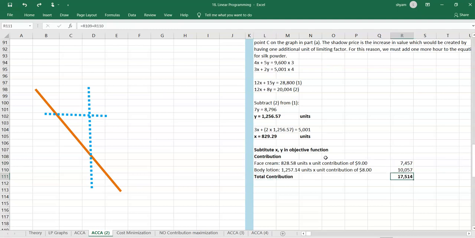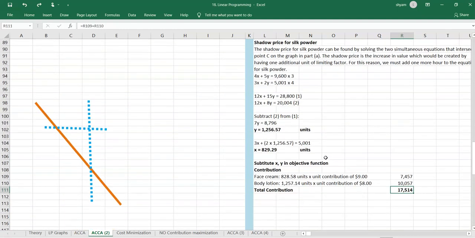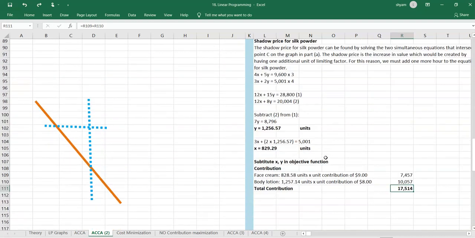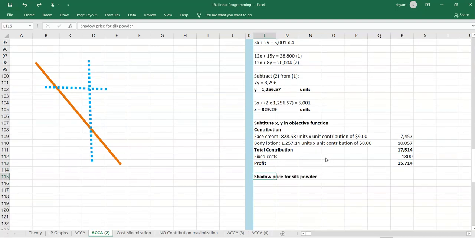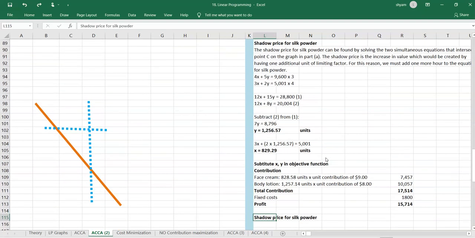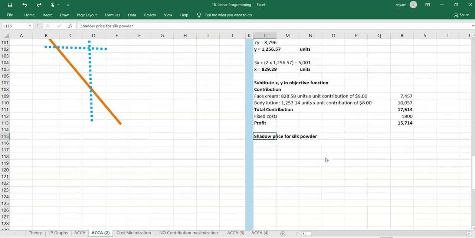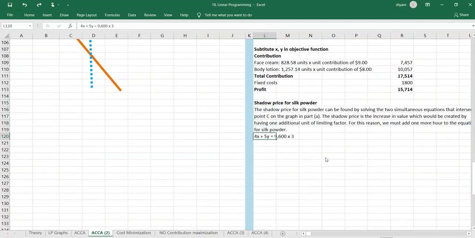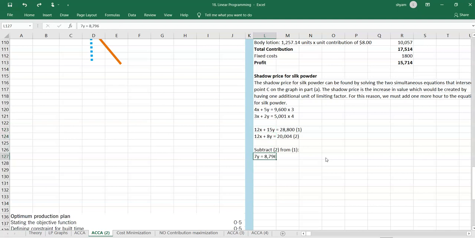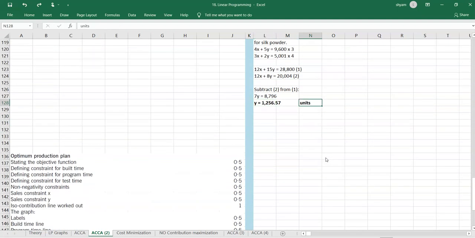That's the old total contribution. So we have already got that. Okay, let's get the new one.